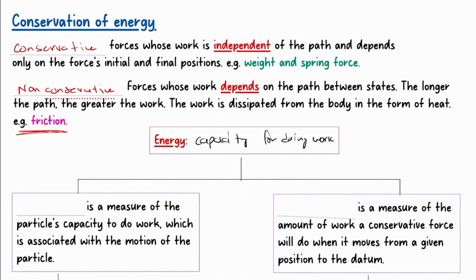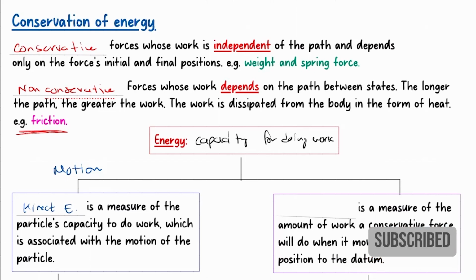When it comes to motion, you will have what's known as the kinetic energy, which we've already seen before, a measure of the particle's capacity to do work associated with the motion of the particle. So if your particles are moving, that capacity to do work is called the kinetic energy.